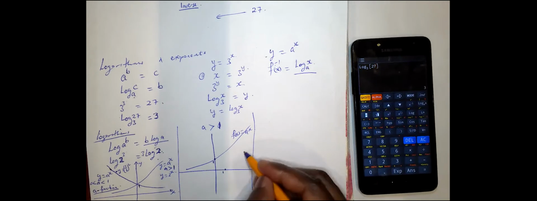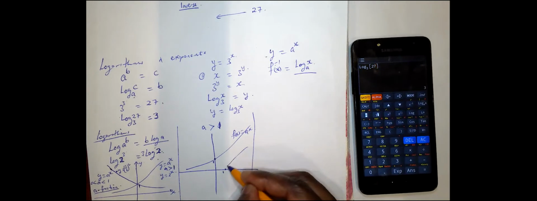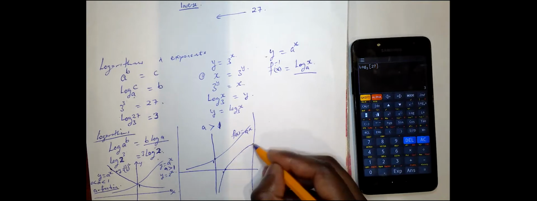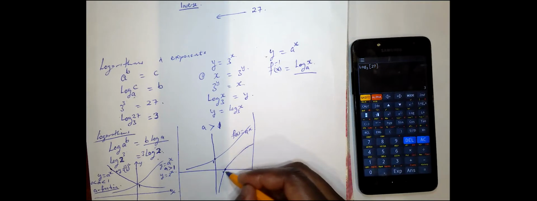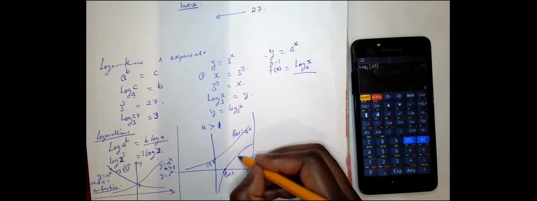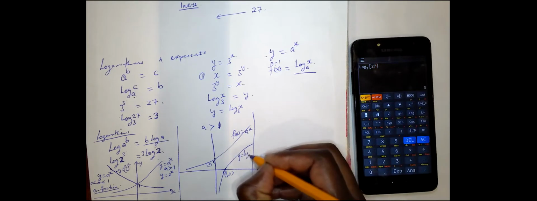The inverse here passes through 1 as well, but now the graph of log is like that. That's the graph of log. It passes through 1 here. So this is y equal to log base a of x. So this is a graph of log.